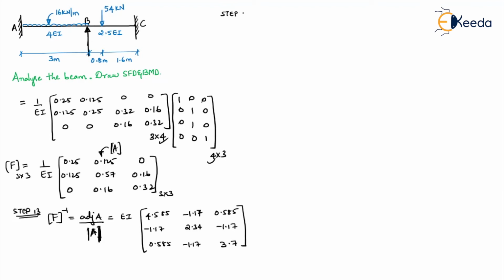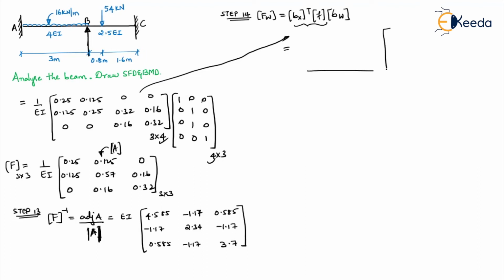Then moving on further, let us go for step 14, which is nothing but your FW, that's your Bx transpose into small f into your BW. We already know Bx transpose into f. What is that? This value, right? This into your BW. So we already have it into your BW. If you observe, BW is an identity matrix.